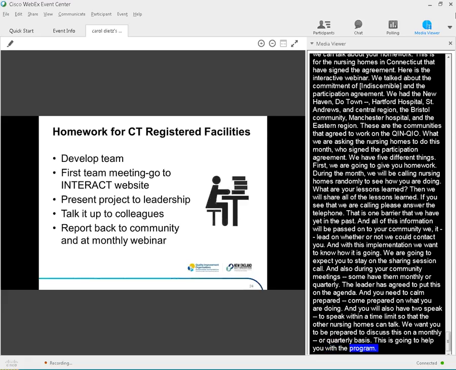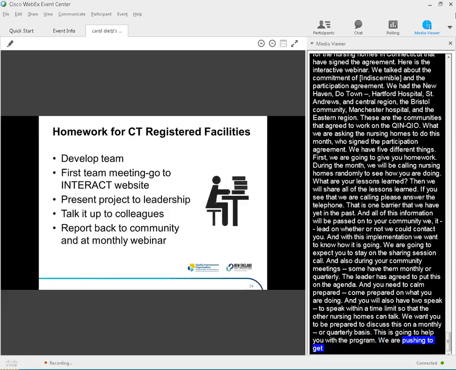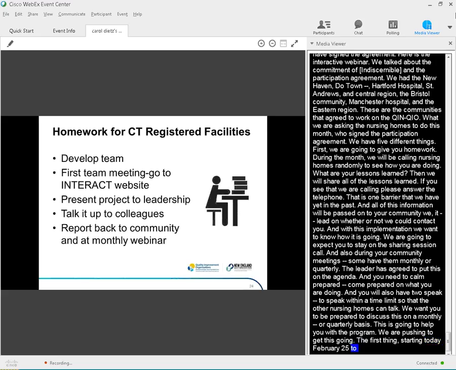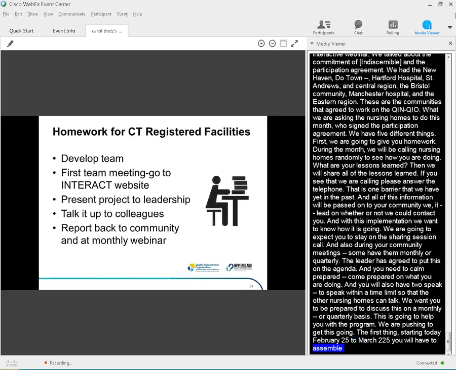So the first thing we're asking you to do within the next month, from today, February 25th to March 25th, you're going to develop an Interact team. Now, as Sheila has talked about in her presentation, you already may have a quality improvement team structure in place. That could be your shell of the team, but now you need to bring leadership in.